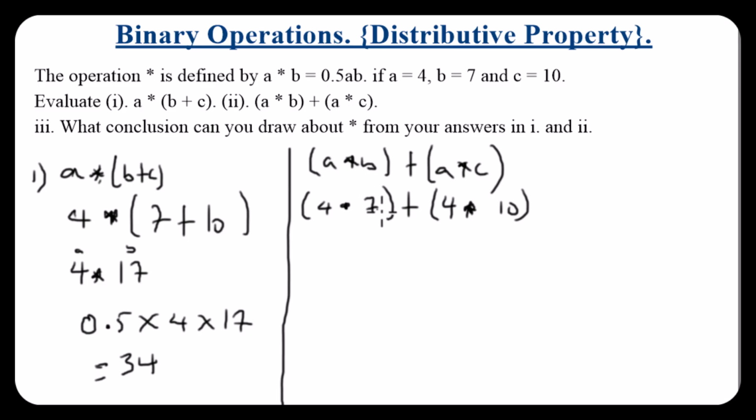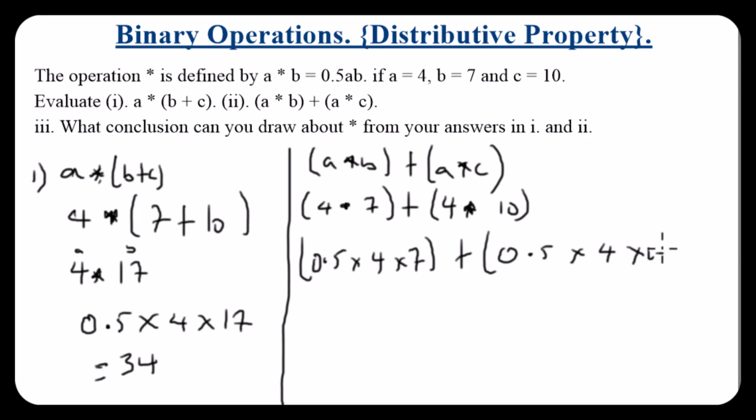So we just come here and say 4 star 7. So that will be 0.5 times 4 times 7, so 0.5 times A times B. Plus, this time around 4 becomes my A and 10 becomes my B. So again we say 0.5 times 4 times 10.